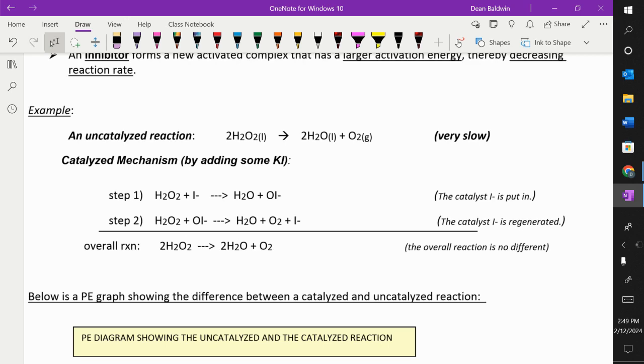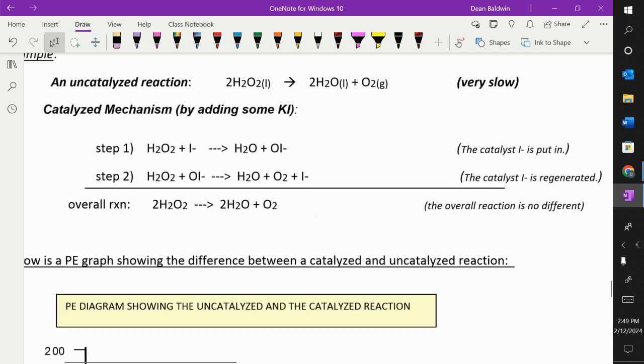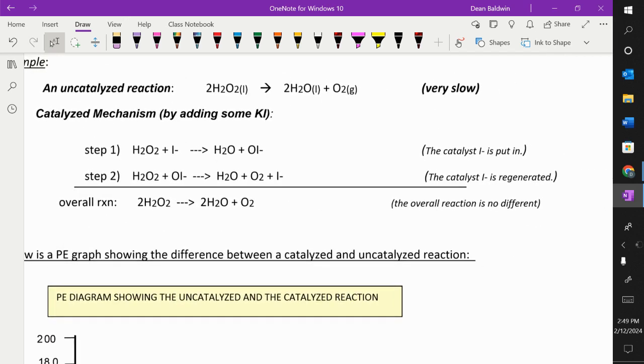The big thing here is, if we look at this reaction, OI minus, what is OI minus? This thing. What do you call it when it forms and then gets used up? This is a reaction intermediate.